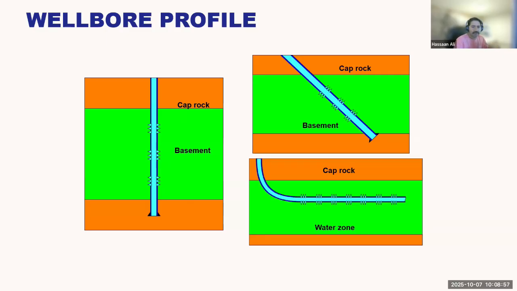All the oil and gas effectively is in the basement. So your completion design is in a way that your perforations or your openings are right there in the basement, and there is no perforation or opening in the cap rock. And that is what you want. You want to estimate your reservoir boundaries so that you can deploy your completions where the basement is, and you don't want it to be open to the cap rock.